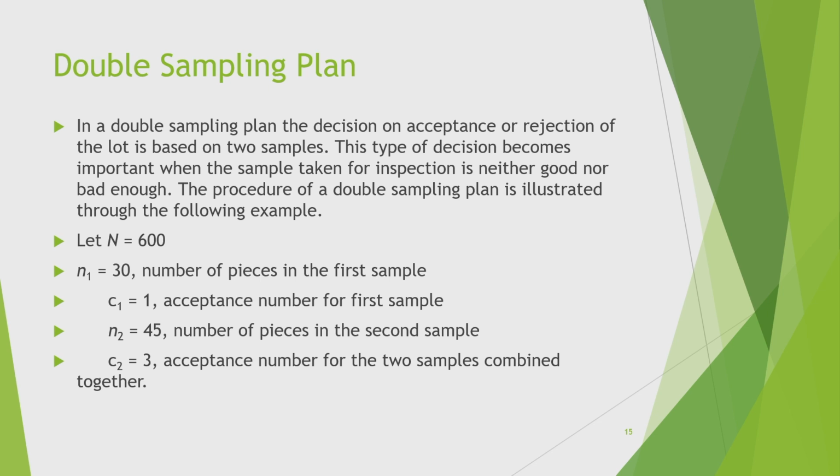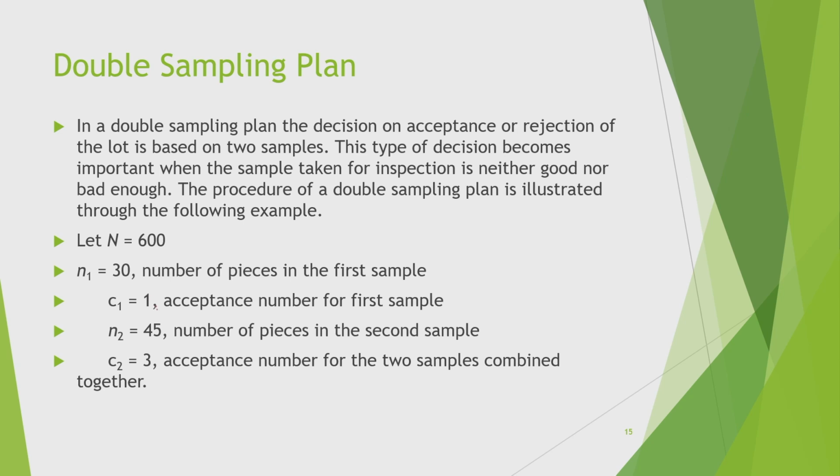Suppose we have N equal to say 600, and we take the first sample n1 equal to 30 and c1 equal to 1, that means you accept the lot only if there is not more than 1 defect. And n2, suppose we take 45, that means the second sample will have 45 components, and in this I fix c2 equal to 3, that means the acceptance number for the two samples combined together should not exceed 3.